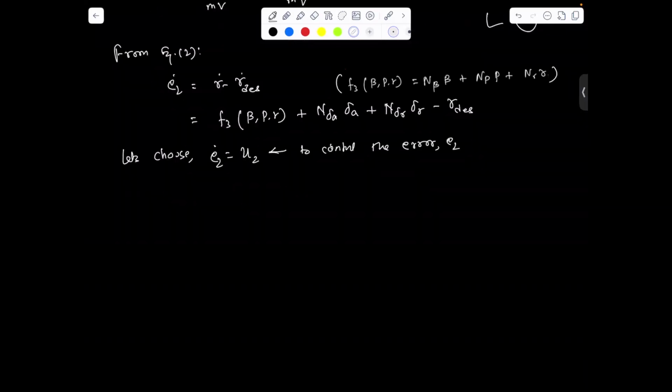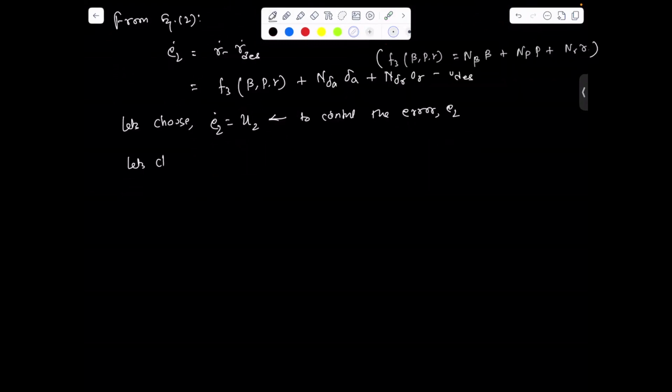So to control E2, we have to choose U2 to give stable dynamics, some control which is basically going to make E2 go to 0 over time. So for that, let's choose U2 as minus K3 E2 minus K4 E2 dot.